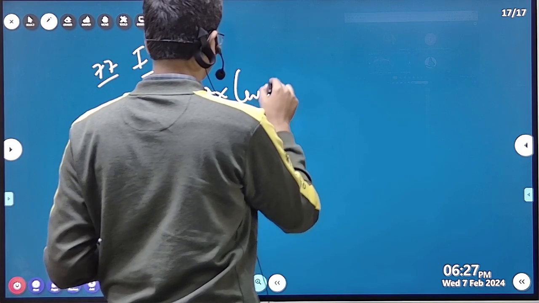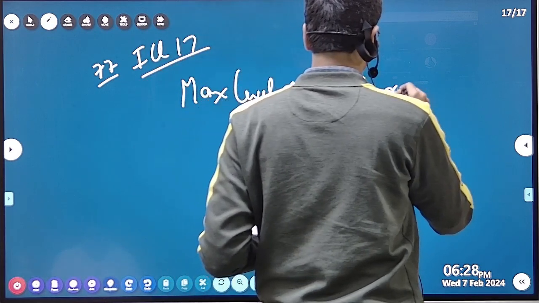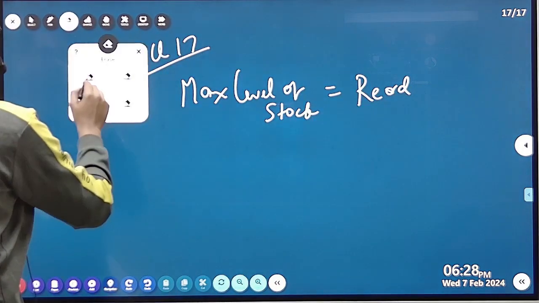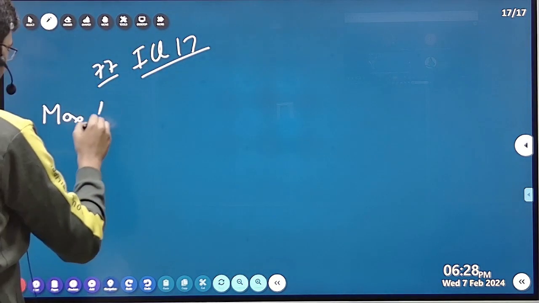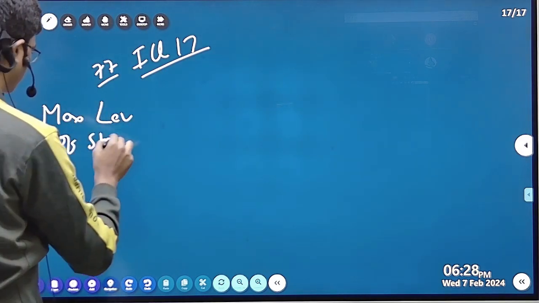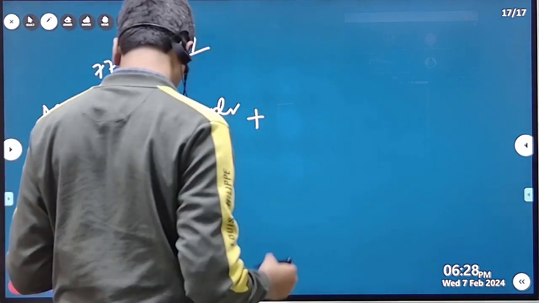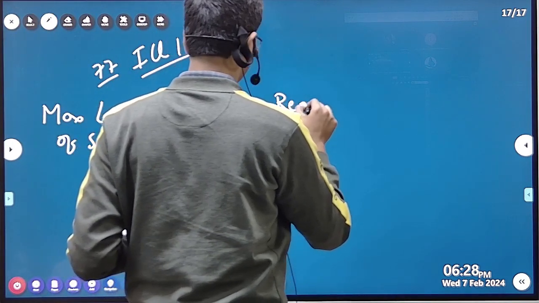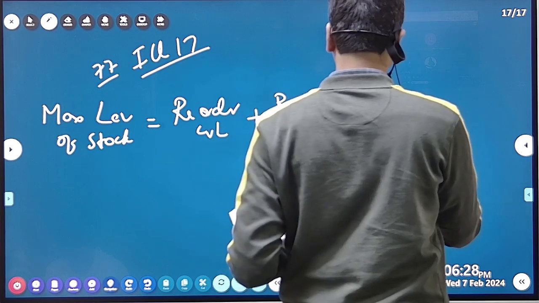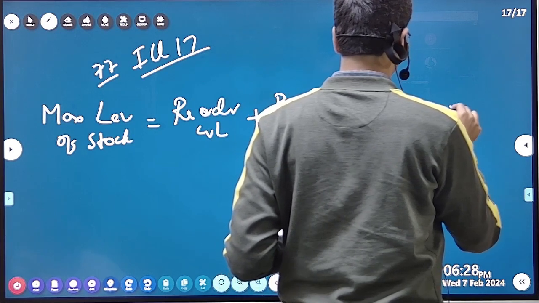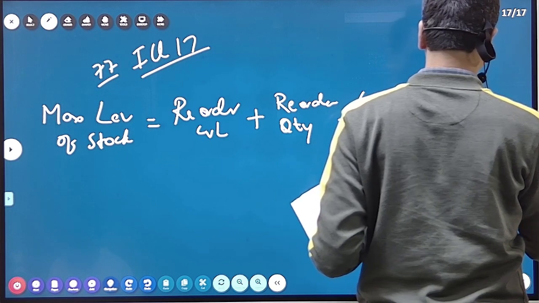So maximum level of stock will be your reorder level plus reorder quantity minus minimum usage into minimum delivery time. Okay.